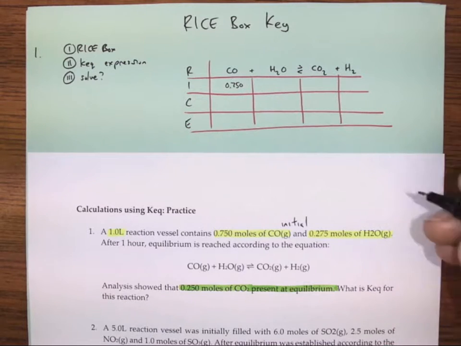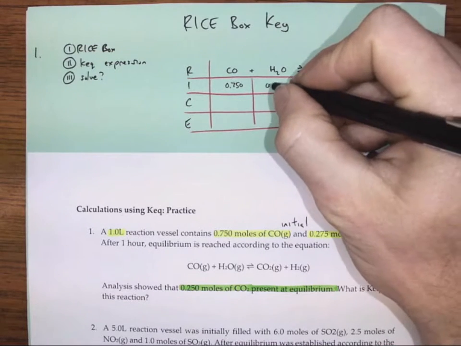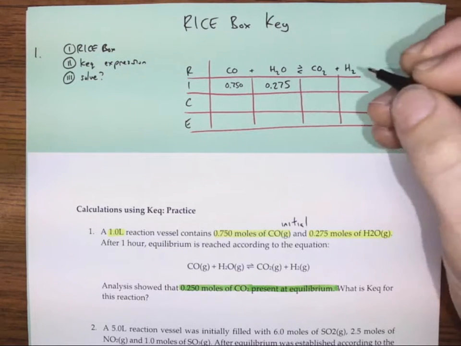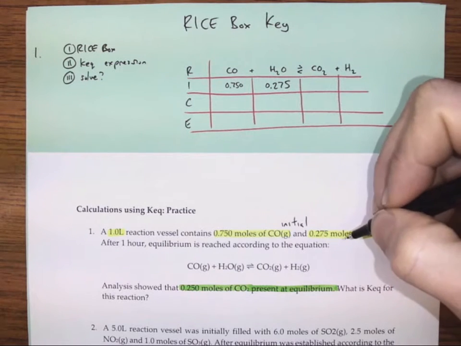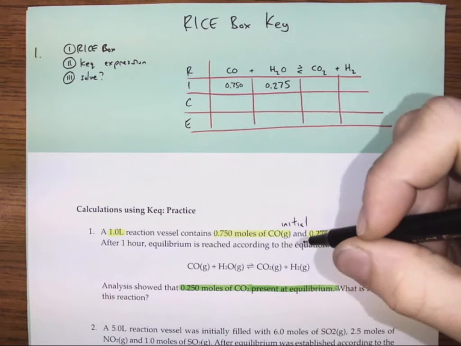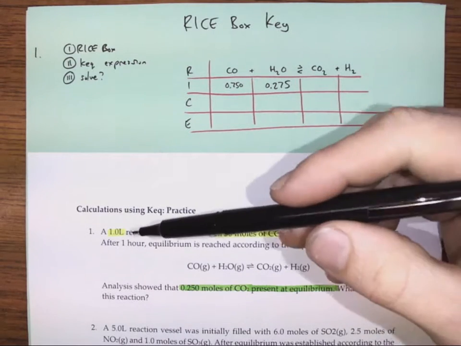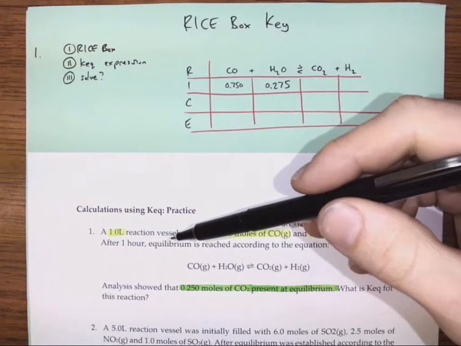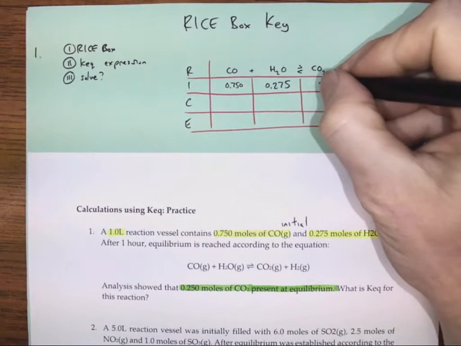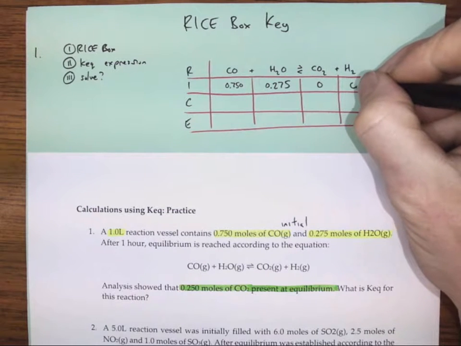So let's talk about, what do we got next? We have water. Okay, so it looks like we have 0.275 moles per liter of water. And it doesn't say anything about carbon dioxide and hydrogen gas. And while it doesn't say there are no moles of carbon dioxide or hydrogen, we can infer that there aren't any.